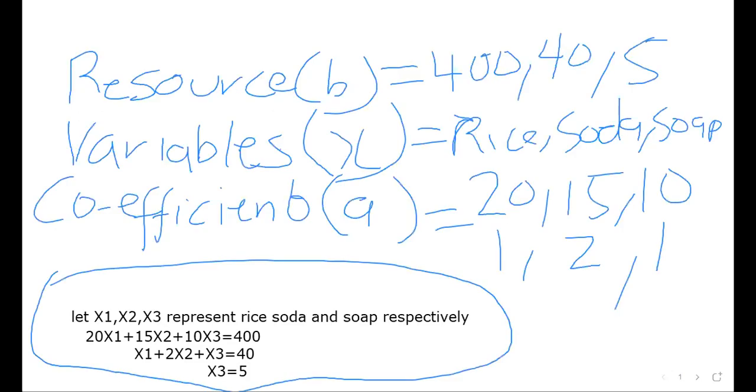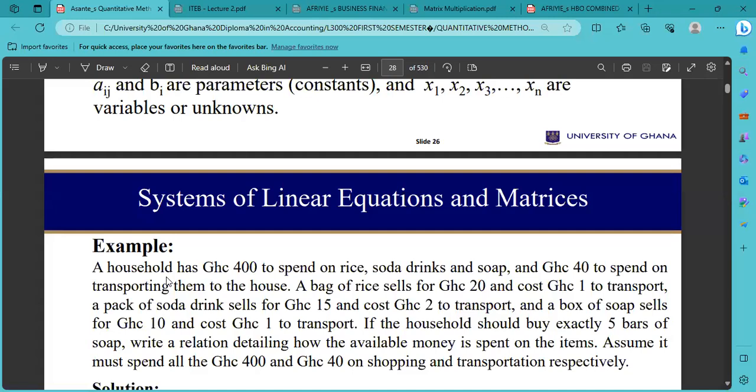Okay, so we read this question. Basically, we read this question, right? And the question, as it says, has 4 resources.